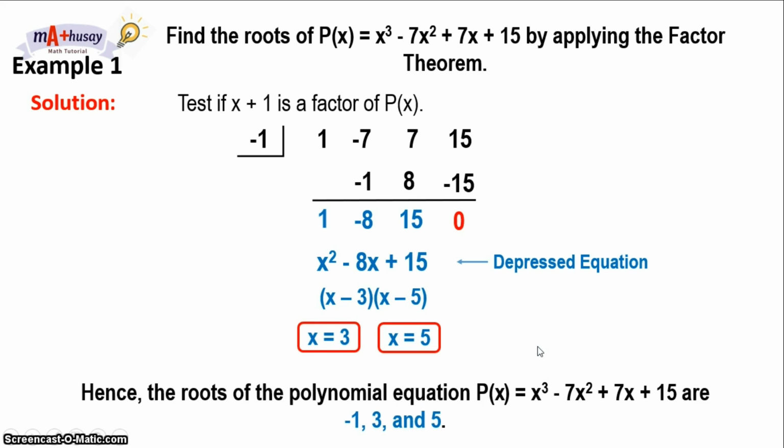Hence, the roots of the polynomial equation p of x equals x cubed minus 7x squared plus 7x plus 15 are negative 1, positive 3, and positive 5. So, this is how you find the roots or the zeros of p of x by applying the factor theorem.